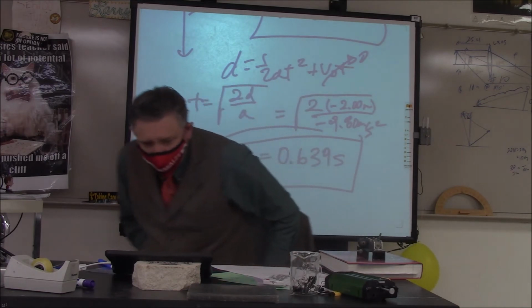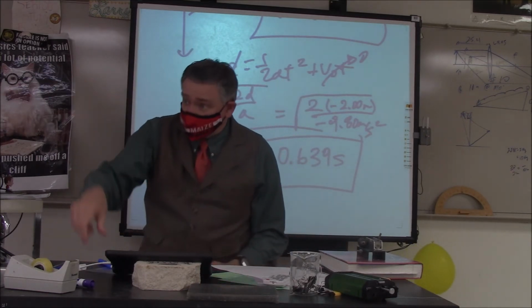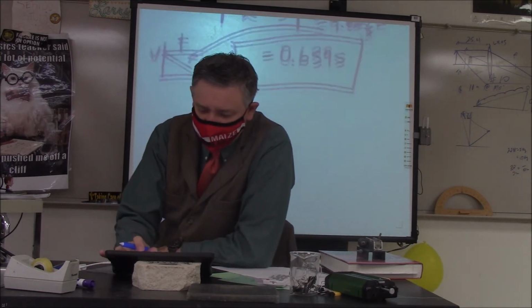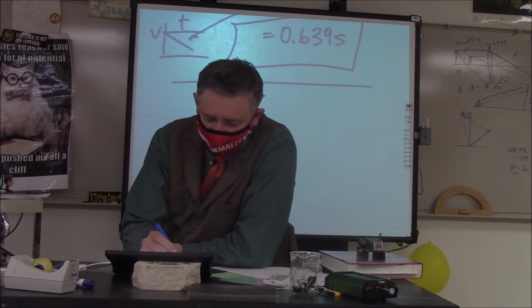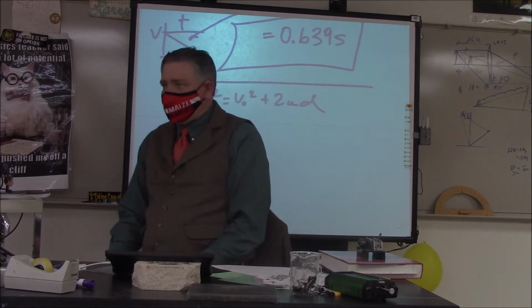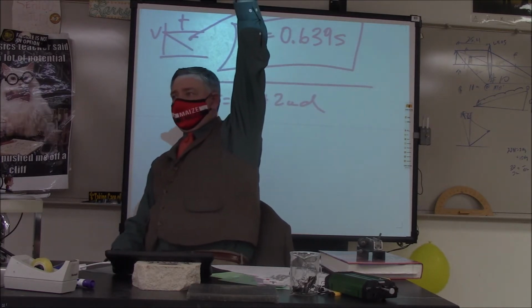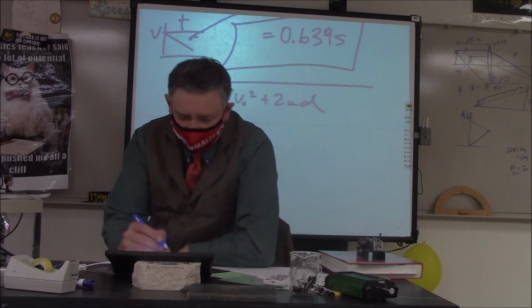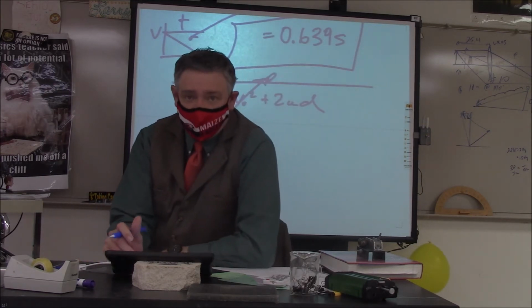Now, let's talk about how fast it's going to be going when it hits the ground, right? So Elise correctly said, I can use v squared equals v naught squared plus 2ad. Now, what's my initial velocity going to be? 0. So that's going to go away.